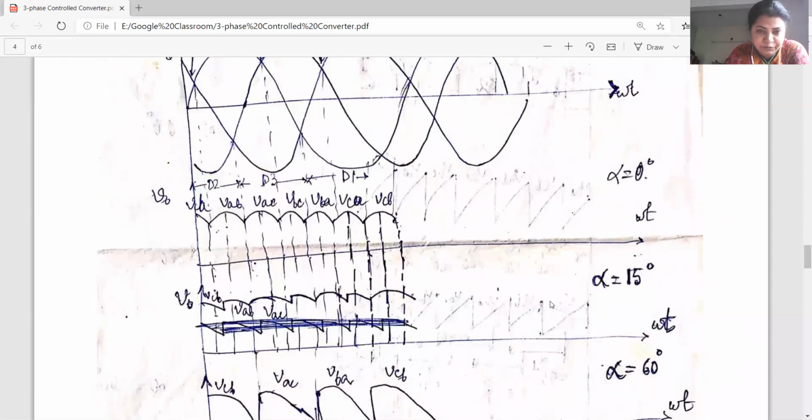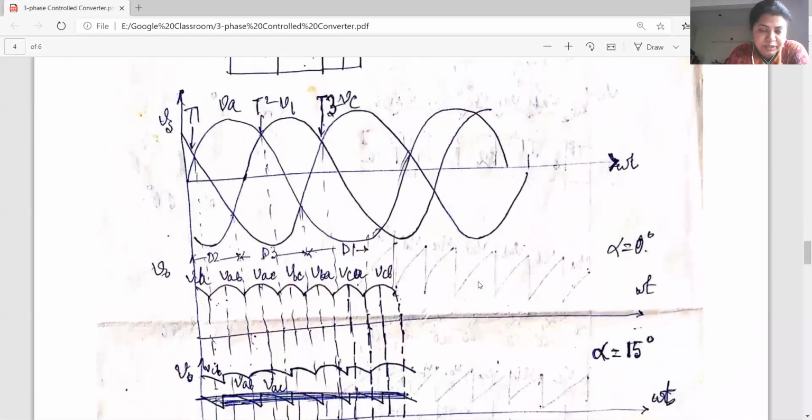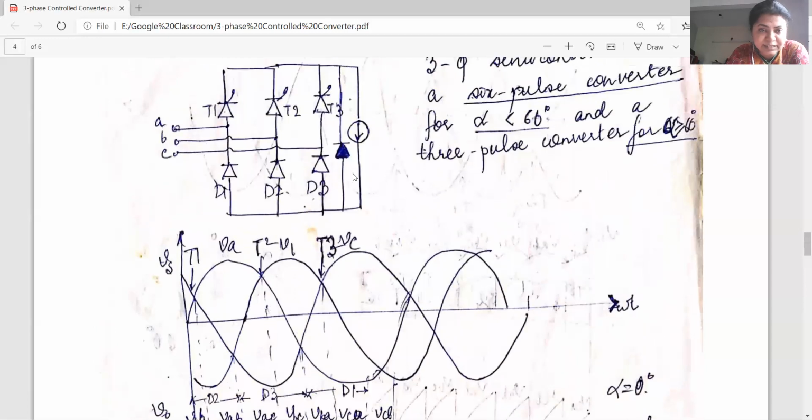Now, for alpha equal to 15 degree. Here we have to remember that there is no thyristor firing in the negative half cycle. In the negative group, there are no thyristors, only diodes. Diodes mean thyristors with 0 firing angle.